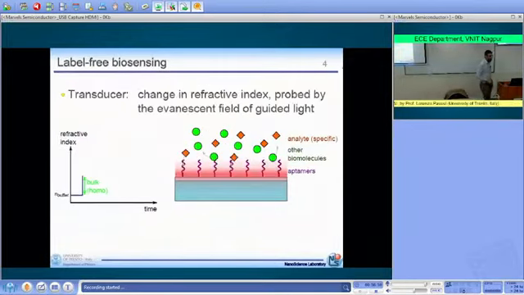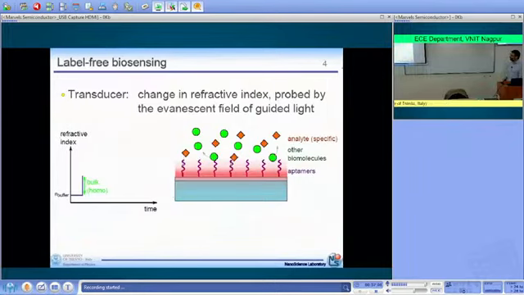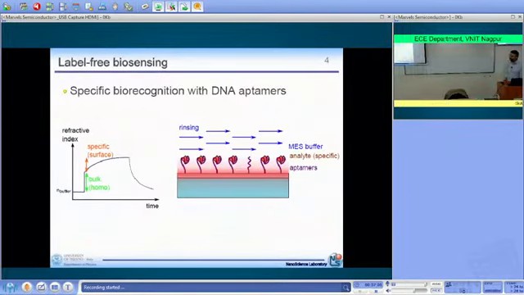And by looking at the evanescent tail of the optical mode, we can probe whether those analytes have been captured or not on the surface of our waveguide. Okay? So this is the concept that we are aiming to exploit in order to sense the presence of some kind of biomolecule.